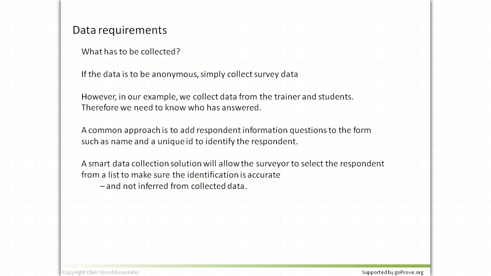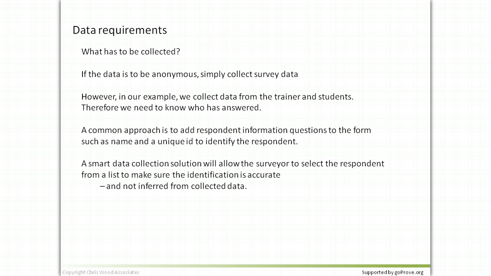So in the data requirements consideration, what has to be collected? If you're collecting anonymous data, then simply go ahead and collect the survey data as described before. However, in our example, we need to know which student has answered which question, so we know where the feedback has come from.